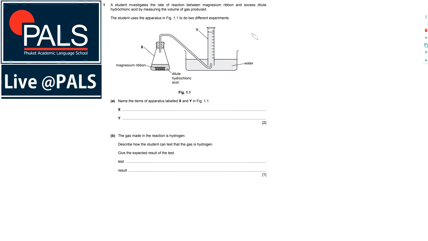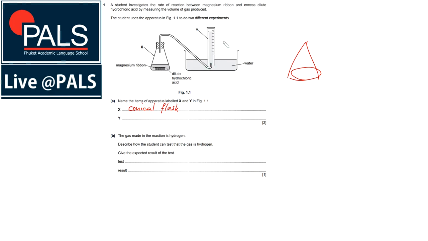I think this is pretty easy here. These are not too difficult. X is a conical flask. Now, if you're not a native speaker, it is called a conical flask because of its shape. This shape in general is a cone, so therefore it's called a conical flask.